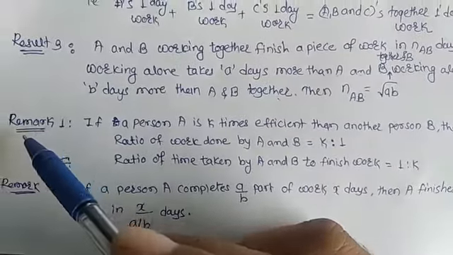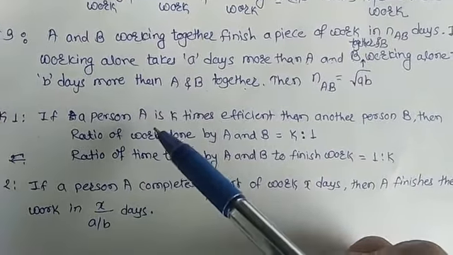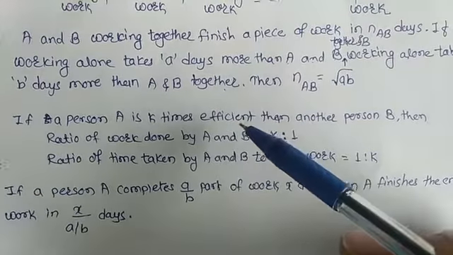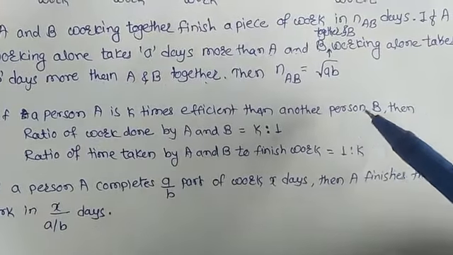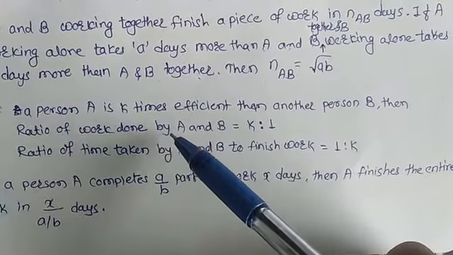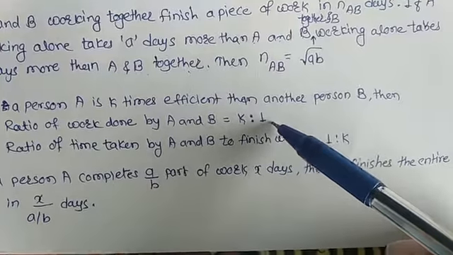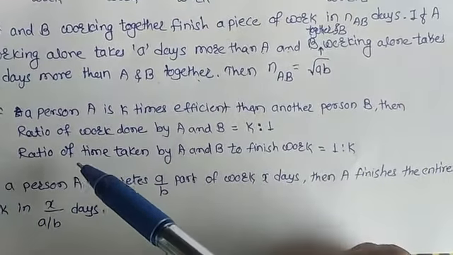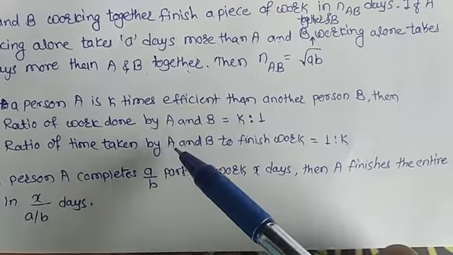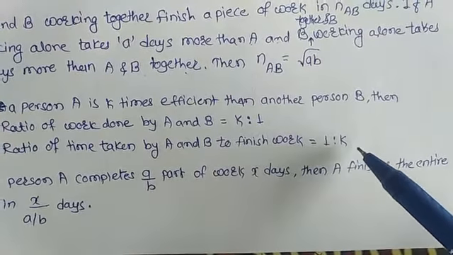Now the next remark: if a person A is k times as efficient as another person B, then the ratio of work done by A and B is k is to 1, and the ratio of time taken by A and B to finish the work is 1 is to k.